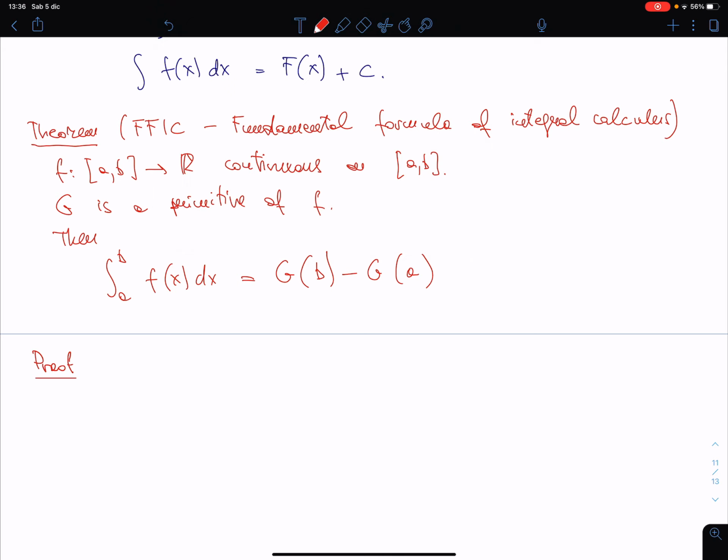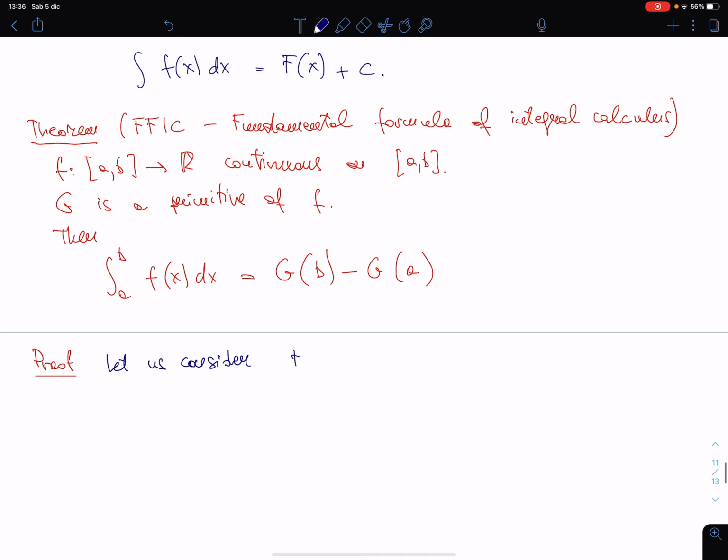First, let us consider a particular primitive, which is the integral function F of x equal to the integral between a and x of f of t dt.